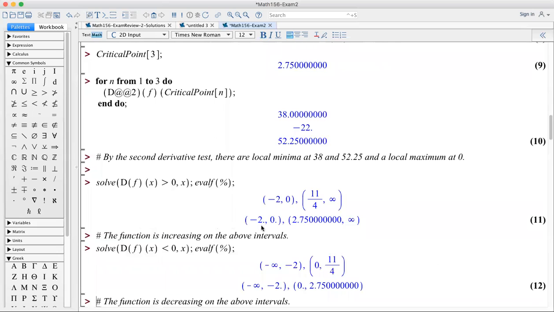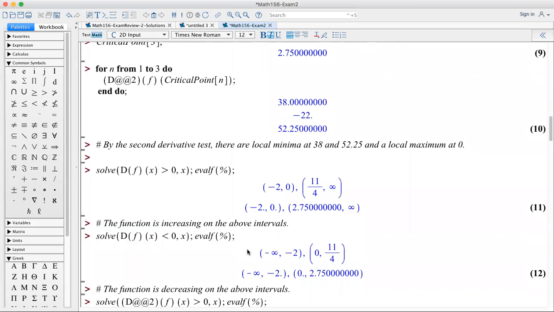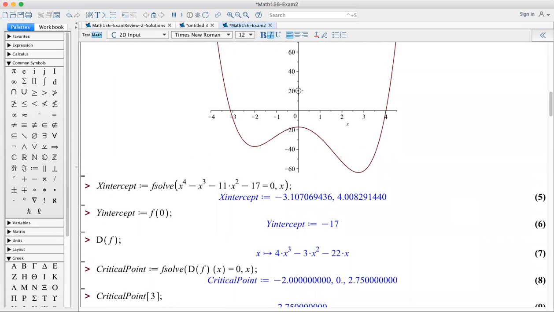So where it's positive, the function is increasing on these intervals. Here is where it's negative, and the function is decreasing on these intervals. Again, if you look at the picture, you see decreasing there, decreasing there, increasing here, increasing there.